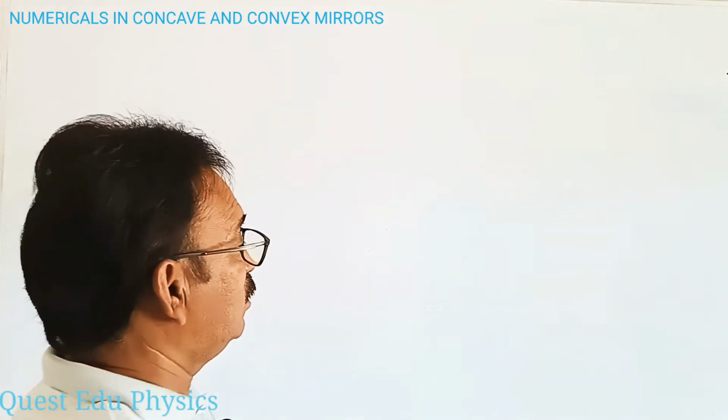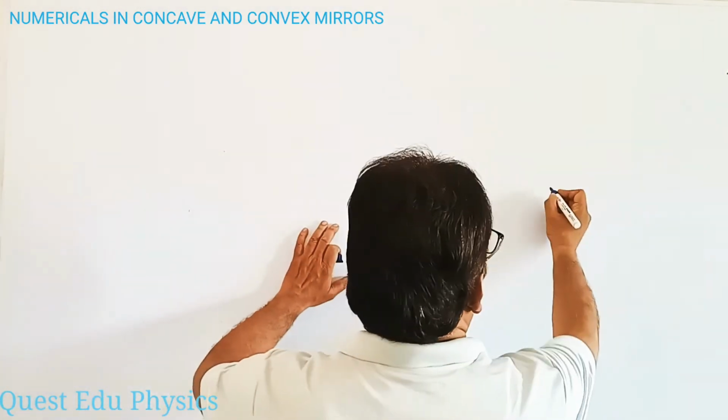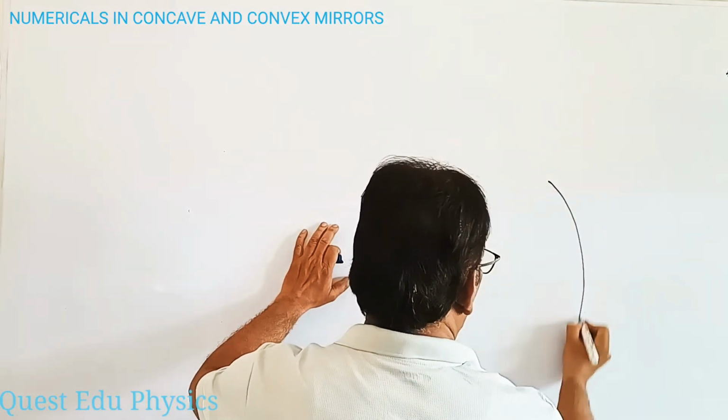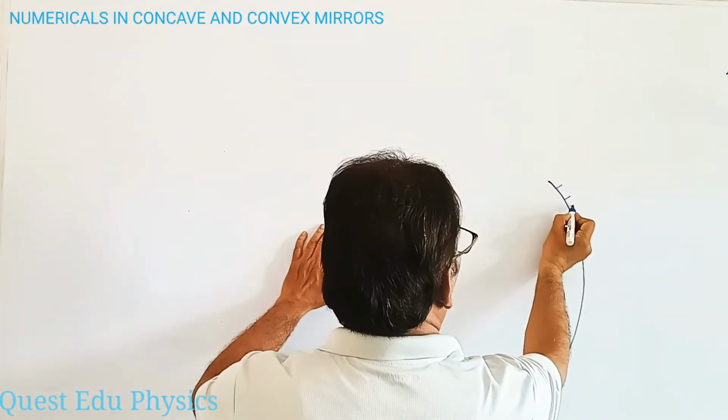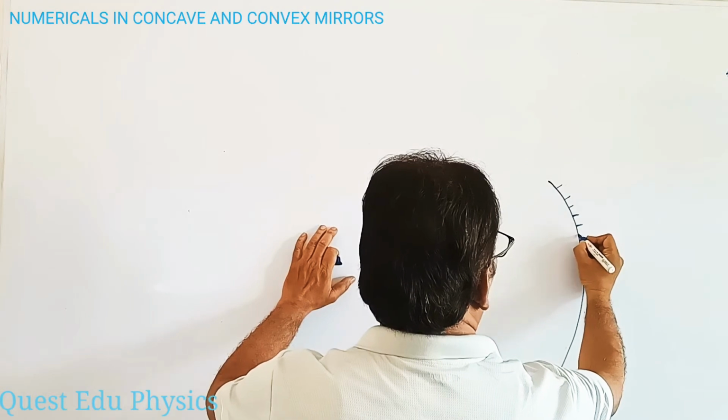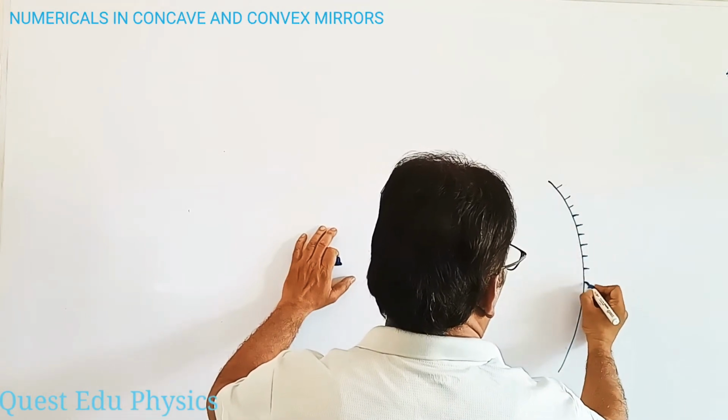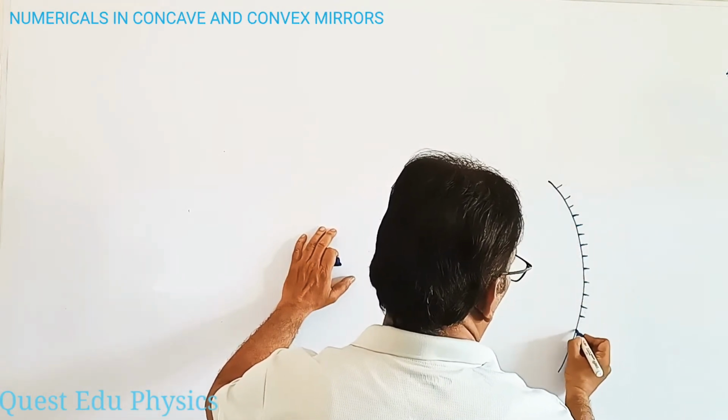I told you, students, while doing the problems, we have to be aware of a few physical quantities. Already we discussed those. What is the center of curvature? What is the radius of curvature? What is the principal focus?